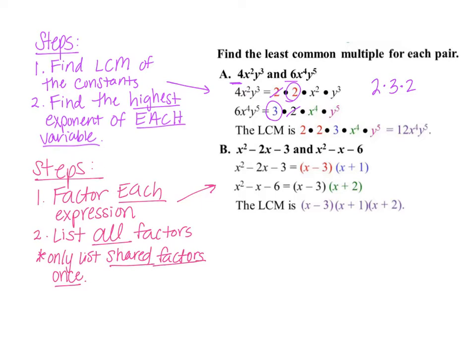Although you could do this the same way that we just did a minute ago. I could list out the multiples of 4: 0, 4, 8, 12, 16, 20, 24, and I could keep going. Then I could list out the multiples of 6: 0, 6, 12.